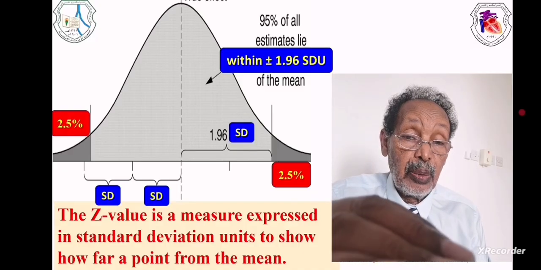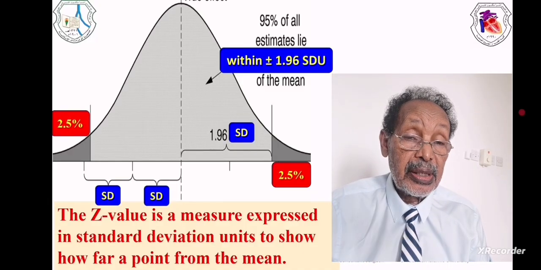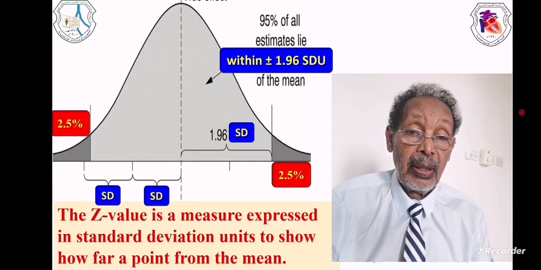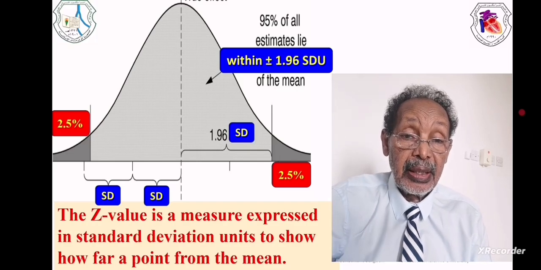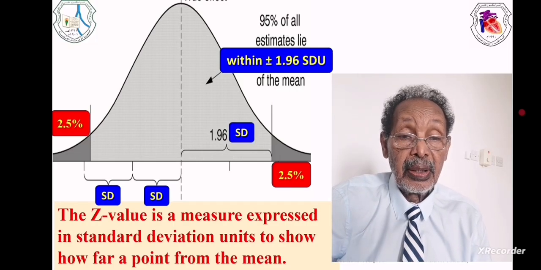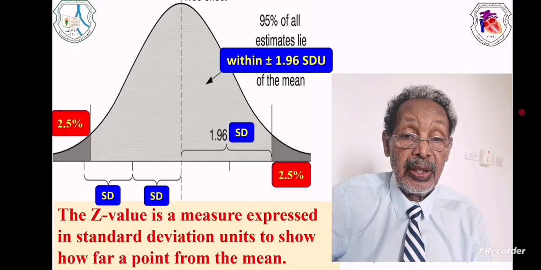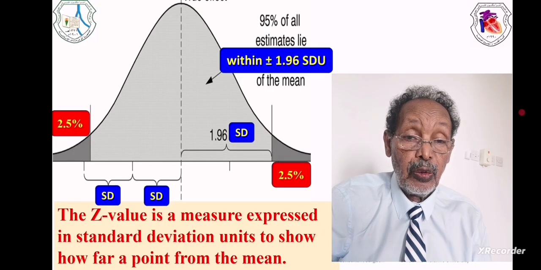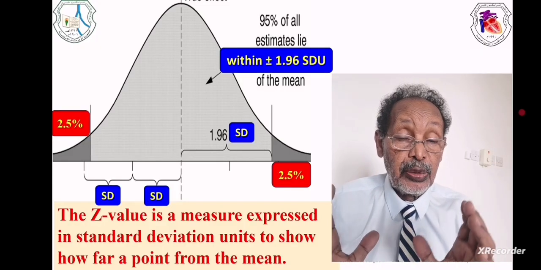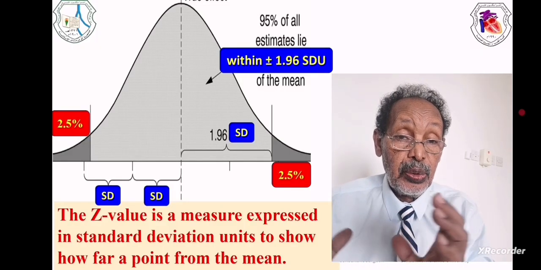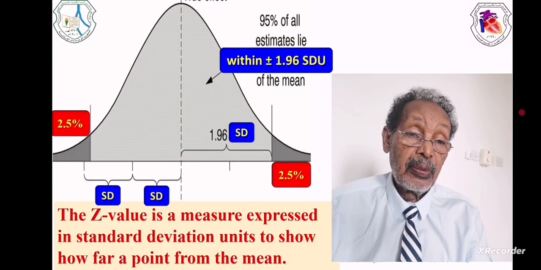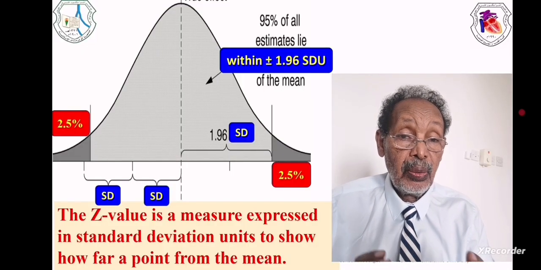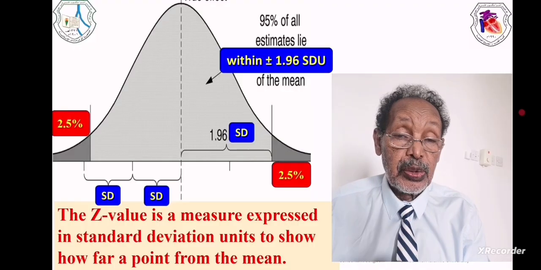Now, if we look at the bottom of this diagram, on the left-hand side, the Z value moves 1 unit of standard deviations to the left, and then it moves 2 units to the left.